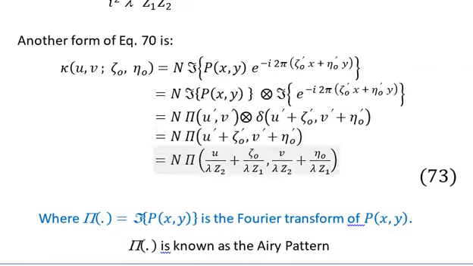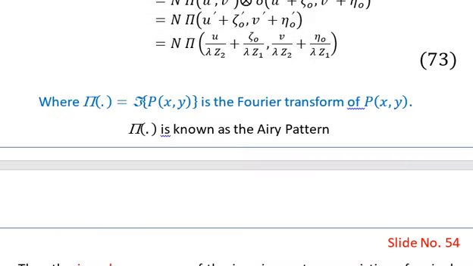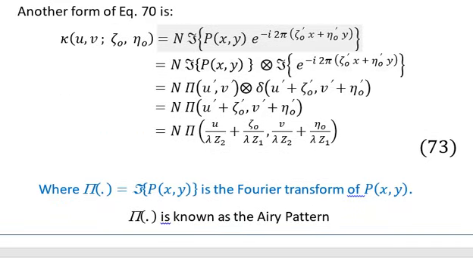But here pi, the circular Airy function, also contains some phase dependent term. So pi will be a complex Airy pattern, in the sense that it may contain some other information, which may be present due to the addition of this phase factor, which is present with the pupil function p of xy.